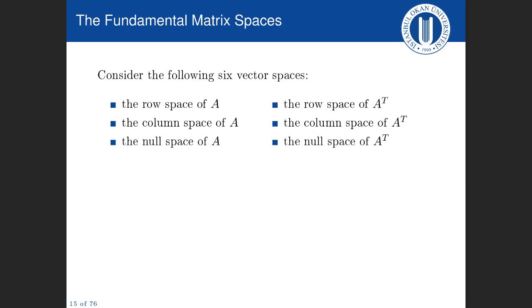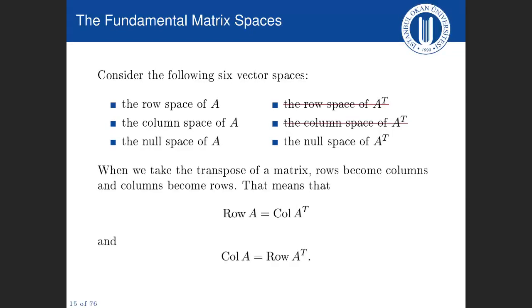Now remember, what do we do when we take the transpose of a matrix? What we do is we swap rows to columns, and columns become rows. So that means that basically the row space of A is the same as the column space of A transpose. And the column space of A is basically the same as the row space of A transpose.